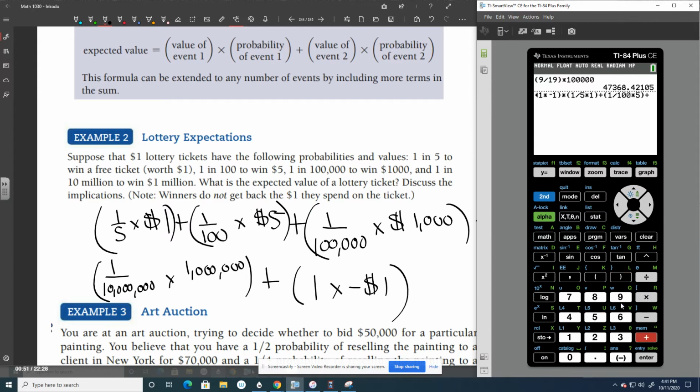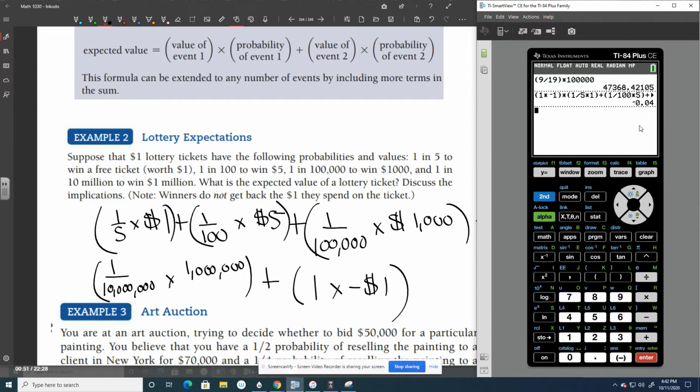And then I'm going to add my 1 in 100,000 chances of winning $1,000. And then I'm going to add my 1 out of 10 million chances of winning $1 million. So I'm going to add all those together.